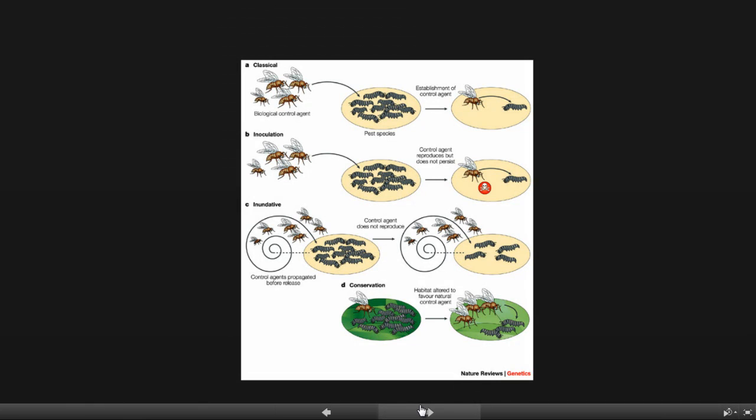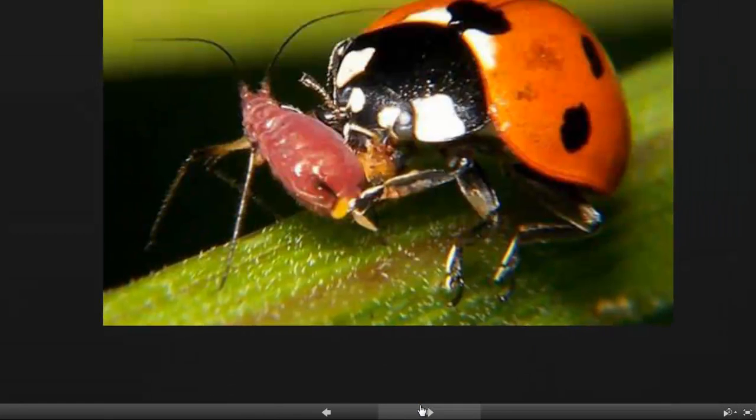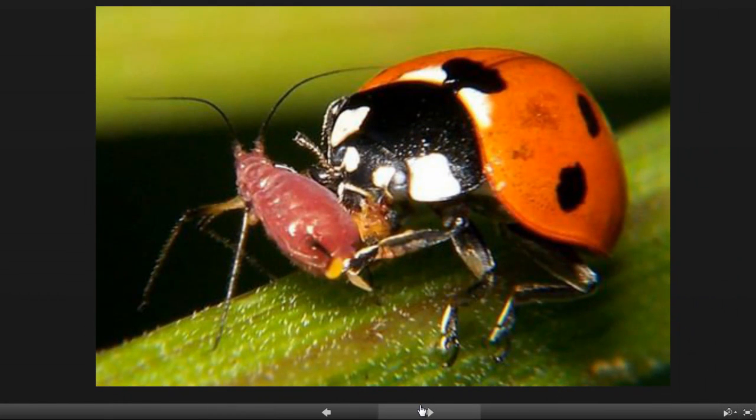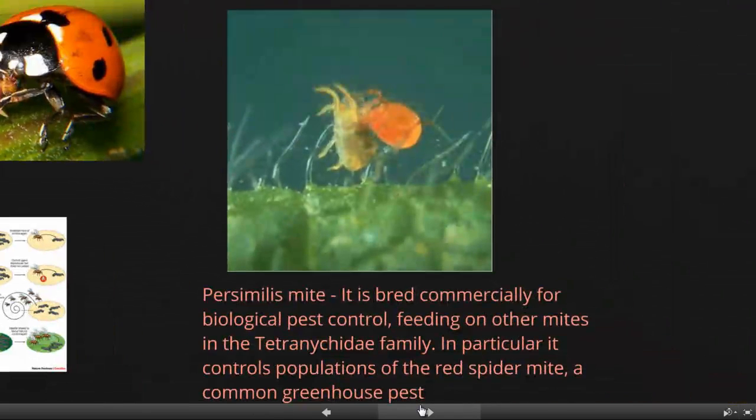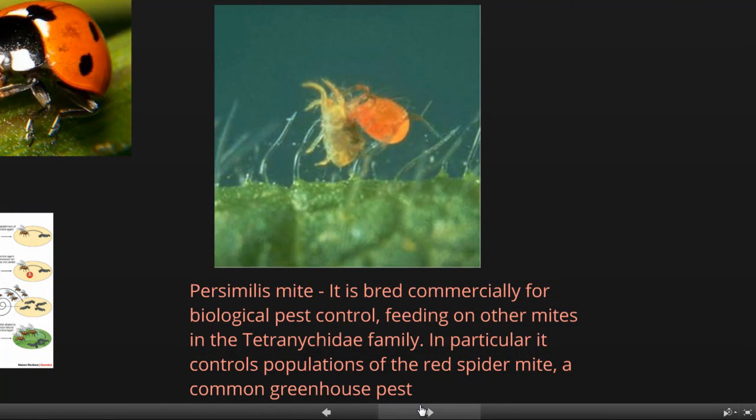For instance, you have controlling the numbers of specific caterpillars, where you could use certain flies or wasps in some instances. The well-known example is using ladybirds to kill aphids. You can use some forms of mites, which feed upon other mites, and these other mites would feed upon your crop and reduce the yield.